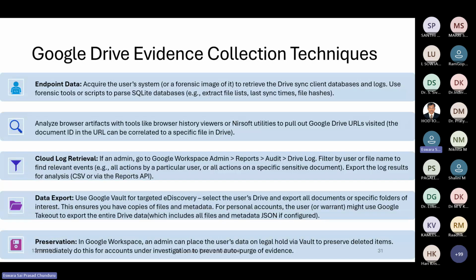And coming to evidence collection, in the case of client-based artifacts, the system is fully under control. So go for traditional disk forensics, collect the artifacts and analyze the Google Drive related artifacts. In the case of cloud-based data, we have to rely on the service provider, and we can download the data using the APIs from Google Workspace.